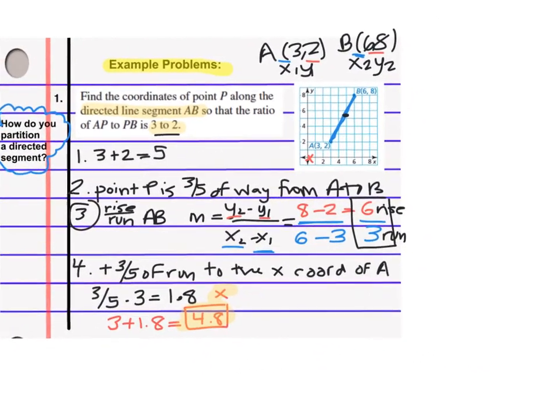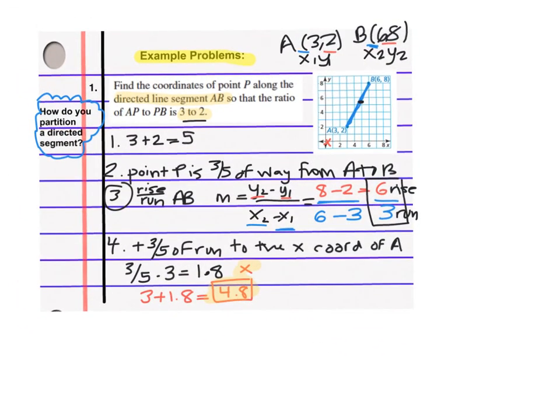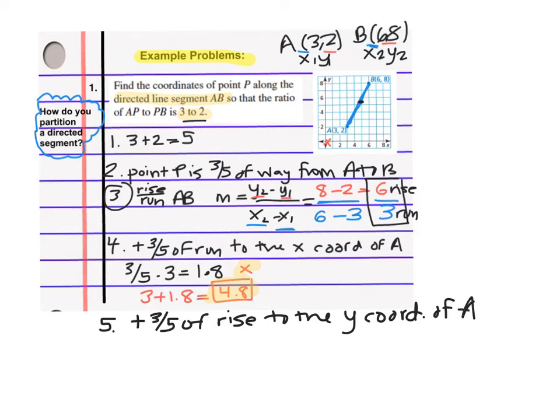All right, I'm going to zoom out a little, give myself a little more space. I'm going to do the same thing for the rise, the y. I'm going to add 3/5 of the rise to the y coordinate of A. The rise up here is 6, so 3/5 times 6. You can use a calculator.